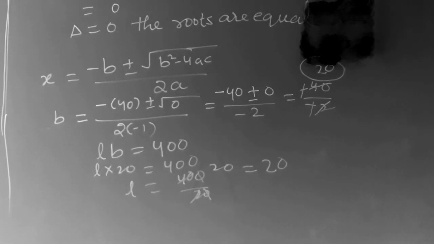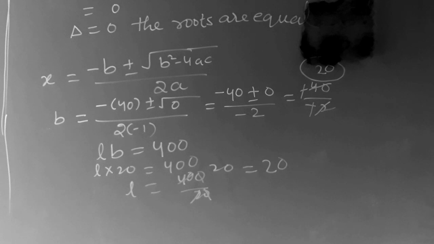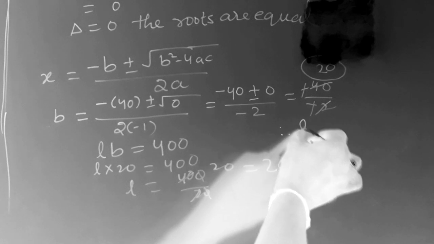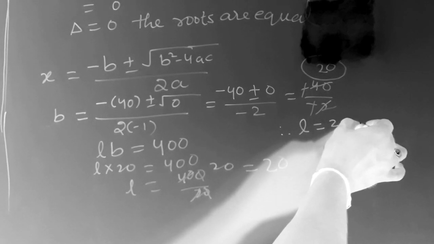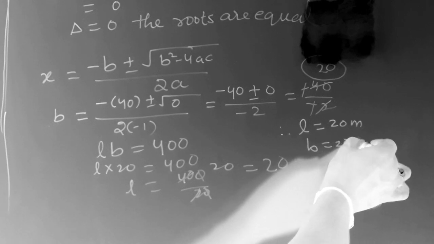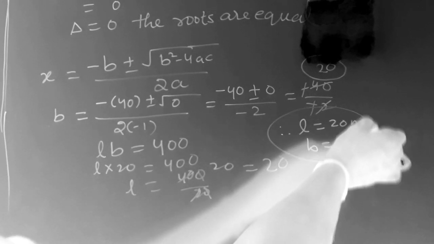So for this, what I am getting is that length and breadth both are equal. Length is 20, breadth is 20 meters. Therefore L is equal to 20 meters, breadth is equal to 20 meters. Here length and breadth are both equal.